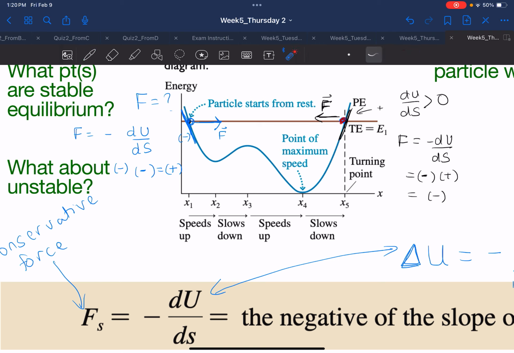So essentially, a particle that starts at rest here would fall down the potential, and then it'll have enough energy to get over this potential hump, then fall down this potential, reach all the way back to this point. So as this force is doing work on this particle, the potential energy decreases and is converted into kinetic energy.